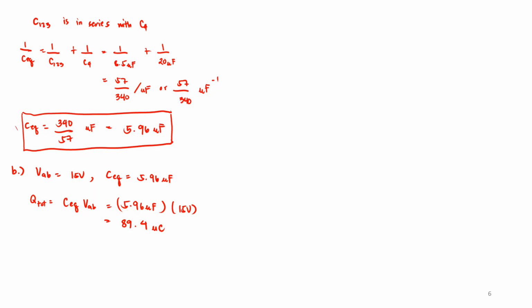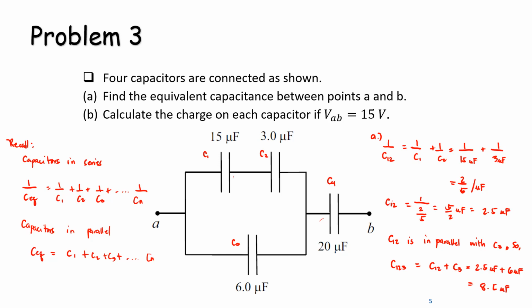Now we know that for capacitors that are connected in series, the charge is constant. Therefore, if C4 is in series with C123, then C4 will have a charge equal to 89.4 microcoulomb.